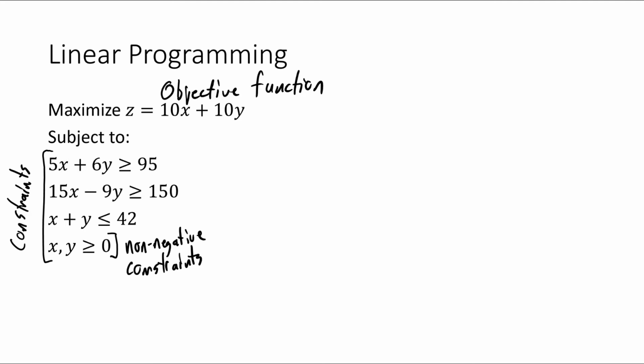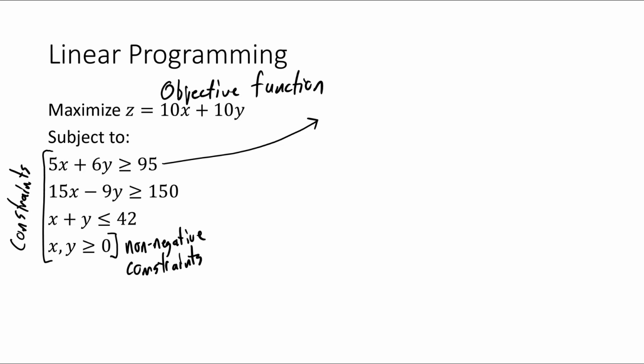All right, so next up, we want to take our inequalities, which are all in standard form, and put them into slope-intercept form. That way we can graph them in the graphing calculator. All right, so the way we'll do that, let's take this first one. 5x plus 6y is greater than or equal to 95.